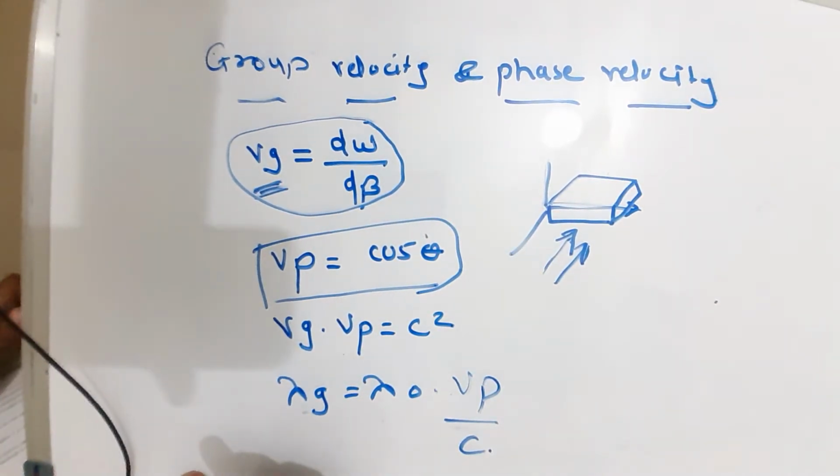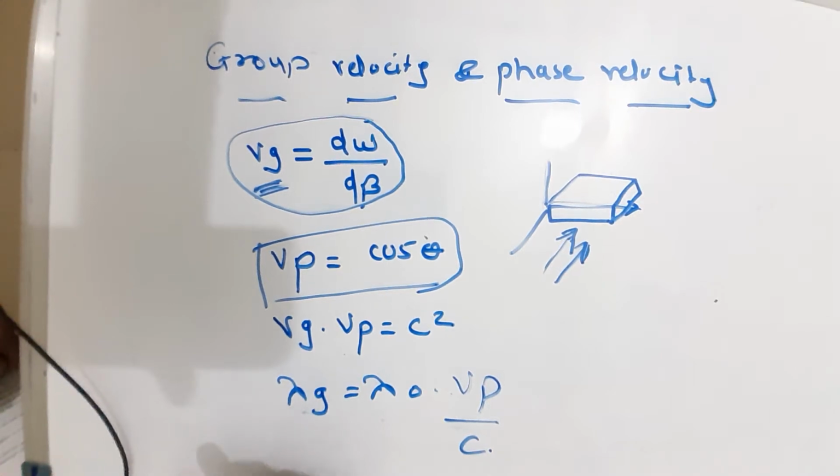The basic definition of phase velocity: the velocity with which the wave changes phase in a direction parallel to the conducting surface, such as a wall of a waveguide, is known as the phase velocity.